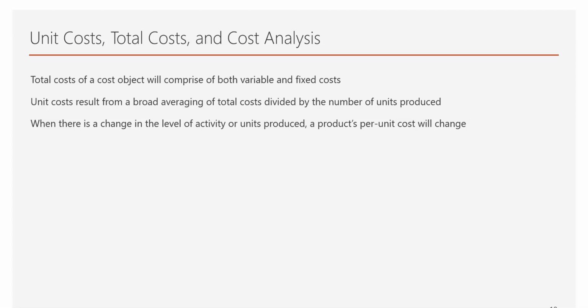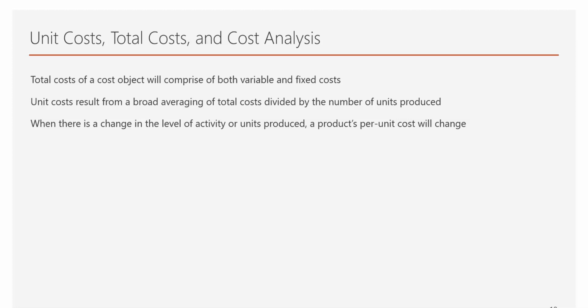Now, when there's a change in the level of activity or units produced, a product's per unit cost will change. In basic general terms, the more we make, the less the cost per unit. Why? Because we just saw that the fixed costs go down on a per unit basis. However, our variable costs will remain the same, but when we add them together, we're still going to have a smaller cost per unit. But that's assuming that we're all within the relevant range.